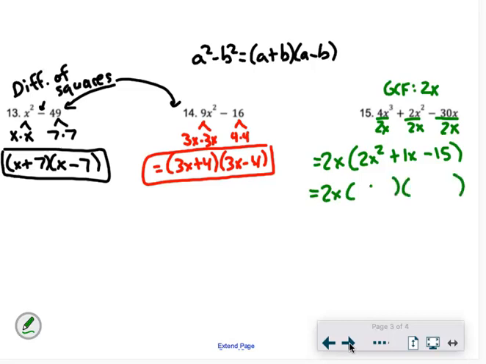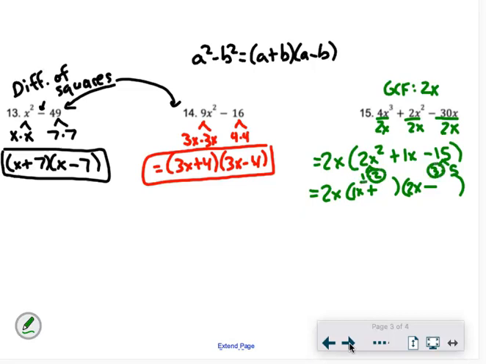Okay, the 15 at the end is negative, so I need 1 plus and 1 minus. Okay, for 2x squared, I need to use 1 times 2. I'm going to put a 1x in one spot and a 2x in another. Okay, and then 15 has a couple of factors. The one I'm going to focus on is 3 times 5. Because if I'm able to do 2 times 3, that's 6.